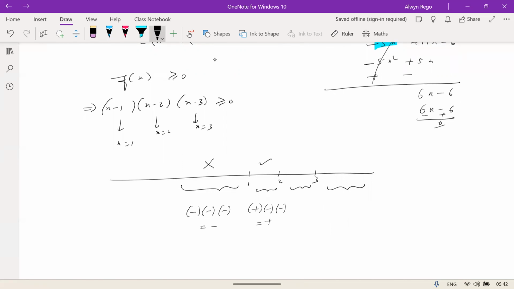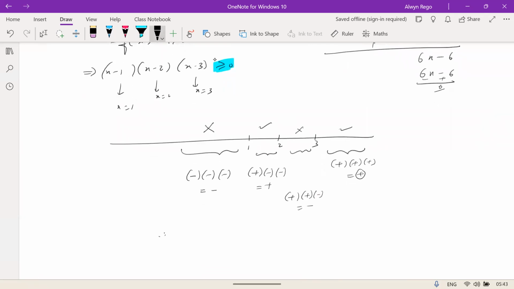And then between 2 and 3, you'll find that 2.5 minus 1 is positive, 2.5 minus 2 is positive, 2.5 minus 3 is negative here. So the answer is negative. We don't want that because we're looking for positive here. And then more than 3, let's say 100 minus 3 is positive, into positive, into positive. So that's equal to positive. Therefore, we want this one.